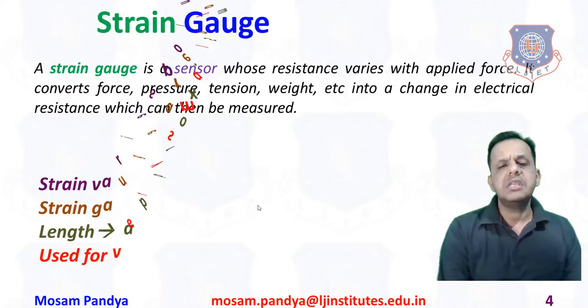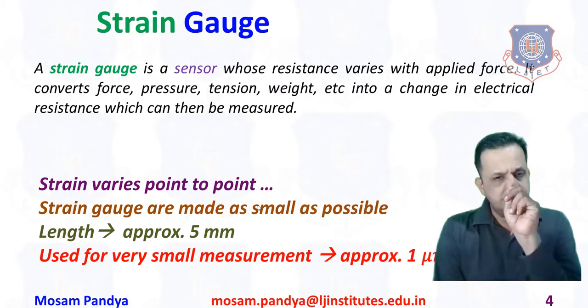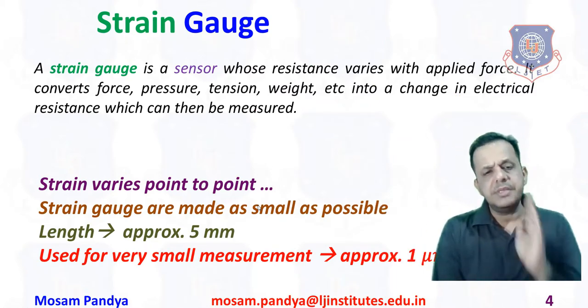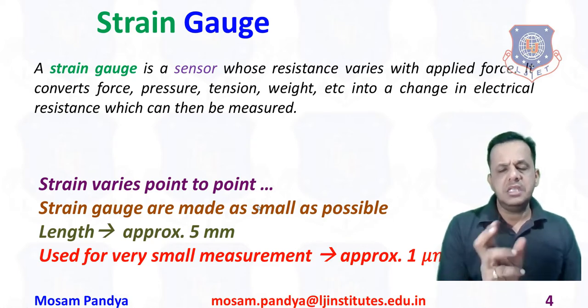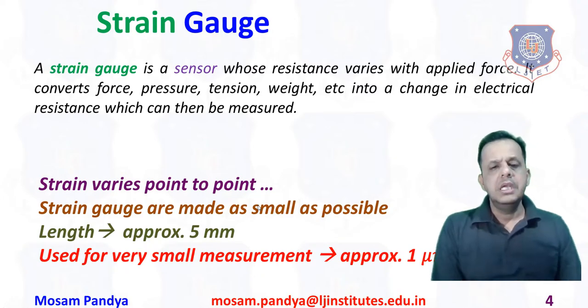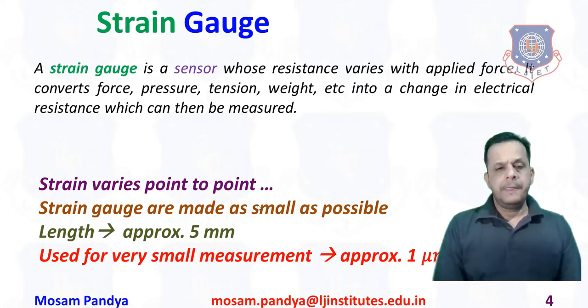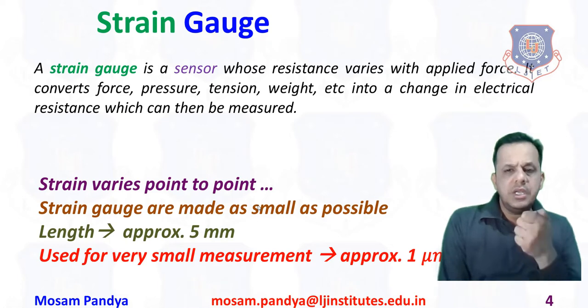Passive means it needs a supply, it is not self-generating. Strain varies from point to point, so gauges are made as small as possible. Here you see the length will be approximately 5 mm, and it is used for very small measurements, approximately 1 micrometer.